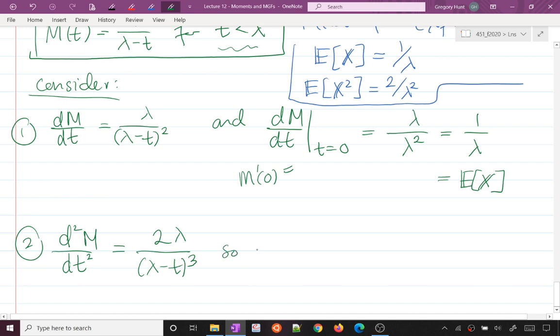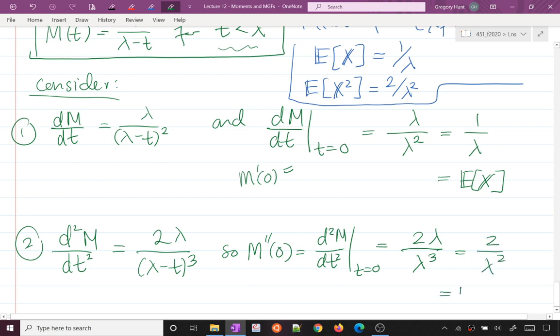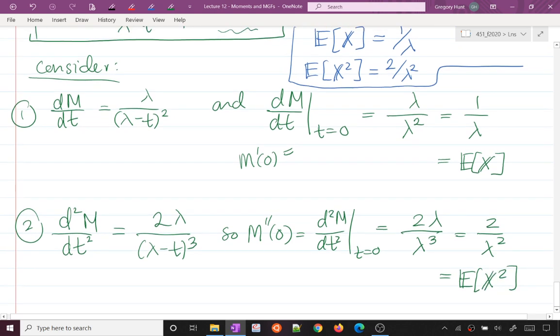And so if I look at m double prime of 0, that is, if I look at d squared m dt squared at t is 0, what do I get? I get 2 lambda over lambda cubed, or 2 over lambda squared, which is suspiciously the second moment of my random variable, the expected value of x squared.